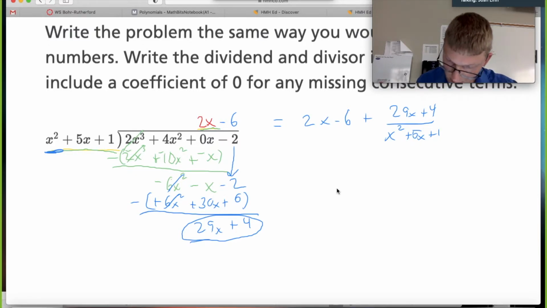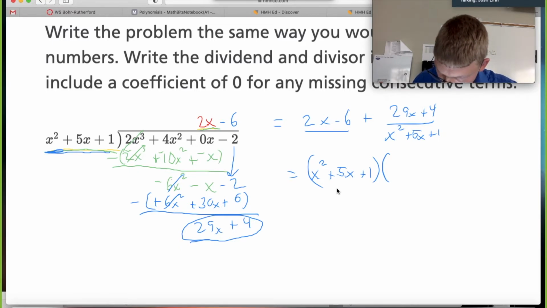So what they want their answer to be is, well, actually, let's do it in the right order. So they want the divisor, so that's this part, x squared plus 5x plus 1 times your answer, 2x minus 6, plus the remainder.